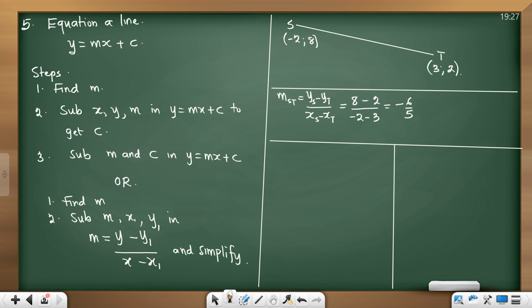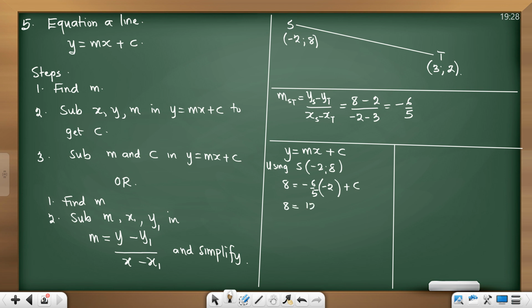Sub x, y, and m. So y equals mx plus c. I can choose either S or T. Using point S, it doesn't matter. We know our x and we know our y. Our y is 8. My m is -6 over 5. My x is -2, plus c. We do the maths.